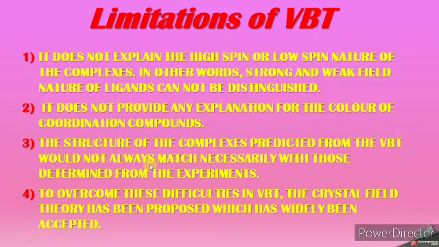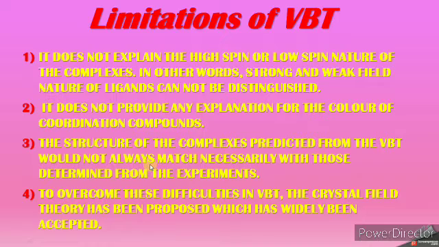This theory does not explain the interpretation of thermodynamic and kinetic stability of the coordination compound, whether that compound is thermodynamically stable or kinetically stable. This explanation is not given by this theory. Then one more is this: if the coordination number of the central metal atom is 4, whether that complex is tetrahedral or square planar also cannot be explained by this theory.